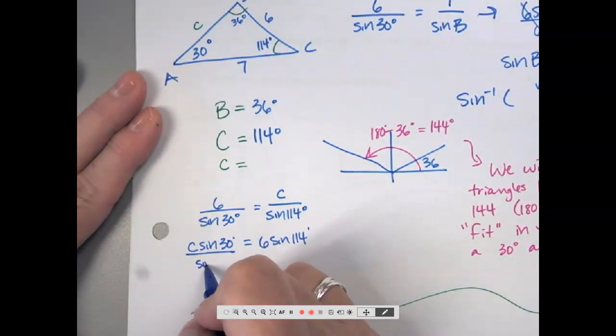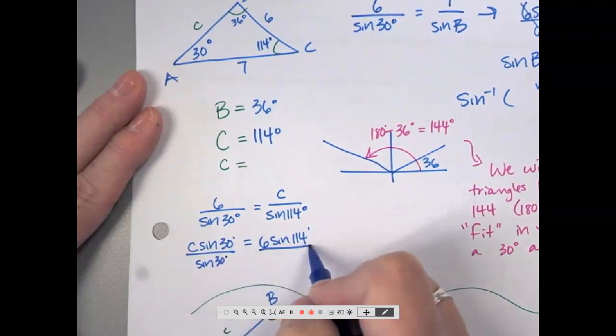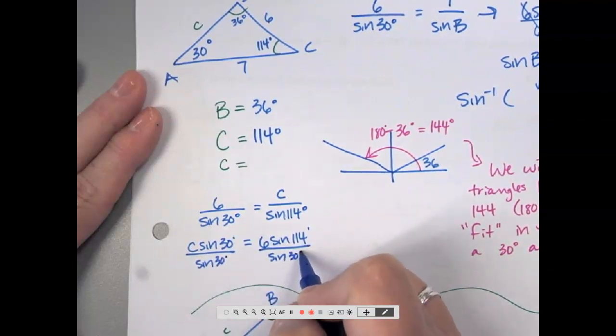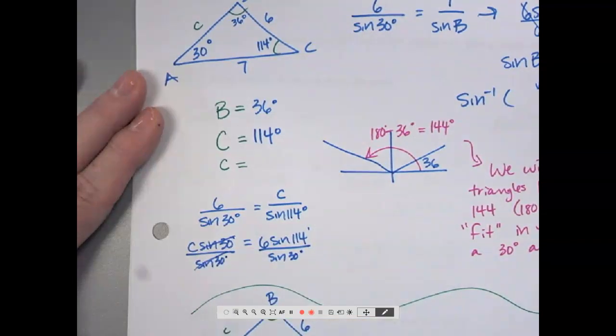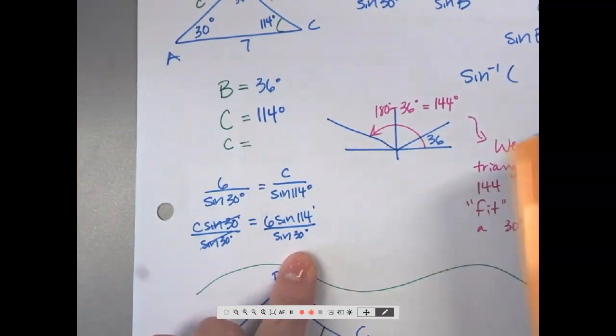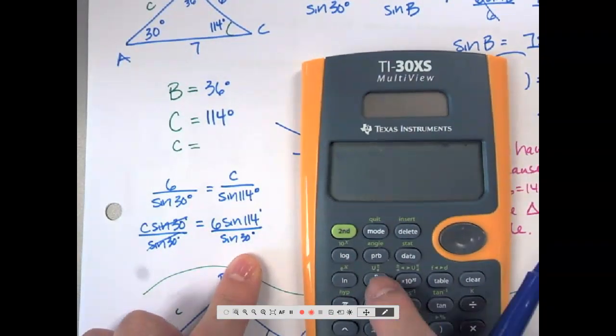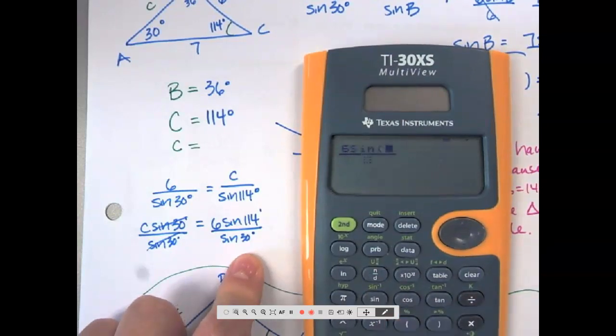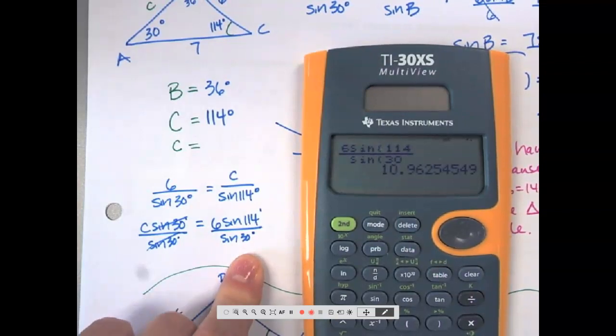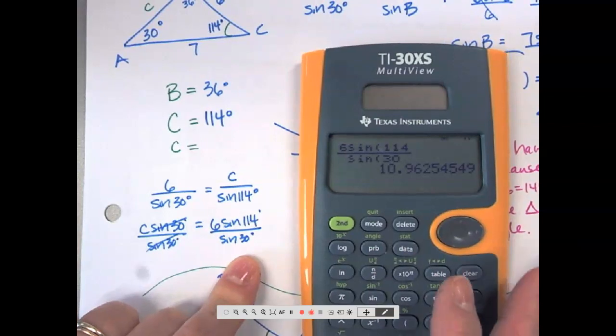Divide by sine 30. And I'm not doing inverse here. I'm just typing in that fraction when you're looking for the angle. And so I'd round that to 11.